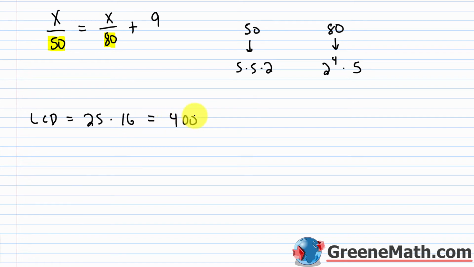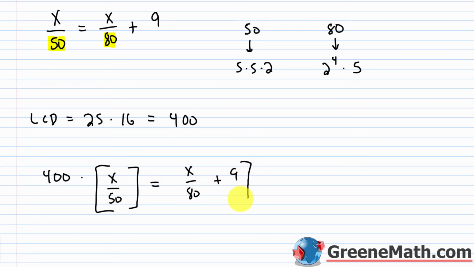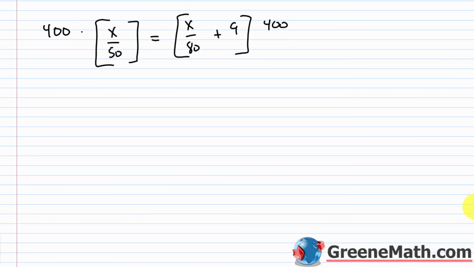So it would basically take 400 and multiply it by what? You have x over 50, and this equals x over 80 plus 9, and you're multiplying this side by 400 as well. So this is going to clear all the denominators for us. If I multiply 400 times x over 50, the 400 would cancel with the 50 and give us an 8.